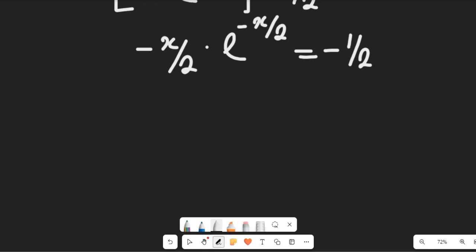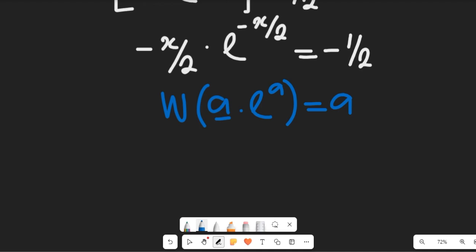And what does the Lambert expression say? The Lambert expression says that if I am given the Lambert W of a given function, a multiplied by the exponent of a, this will simply give me a. Now from this expression, my a is negative 1 times x divided by 2, right?